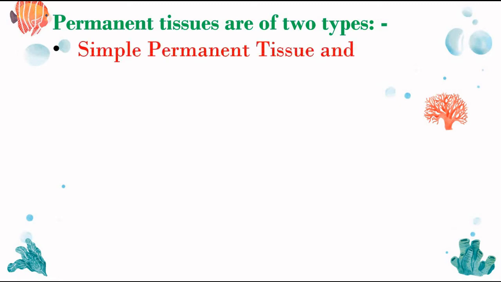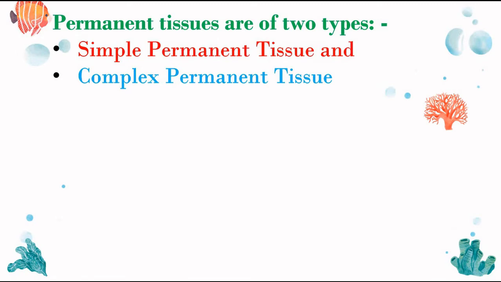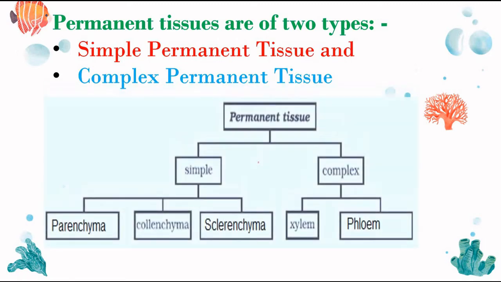The first type of permanent tissue that we have here is simple permanent tissue, and the second type is complex permanent tissue. These are very simple names: which is simple and permanent, that is simple permanent; which is complex and permanent, that is complex permanent.